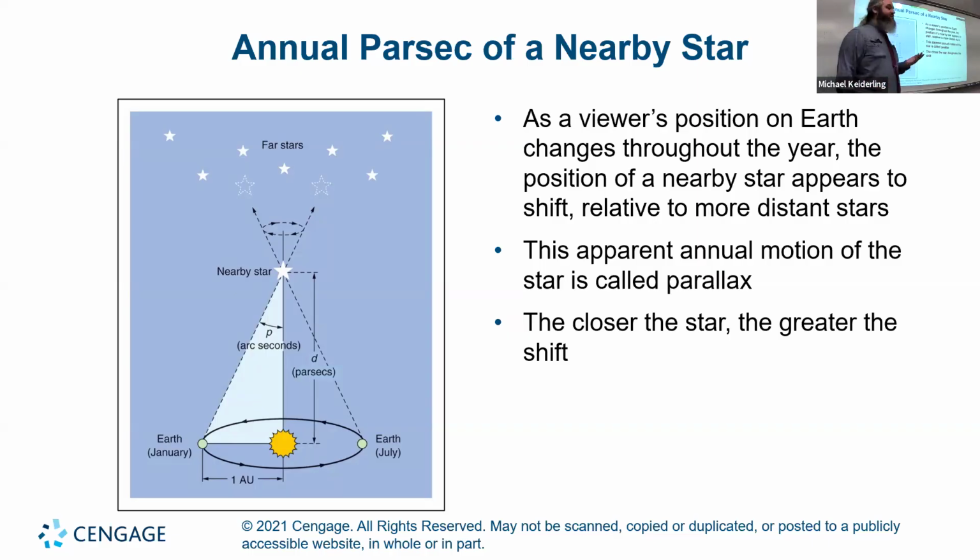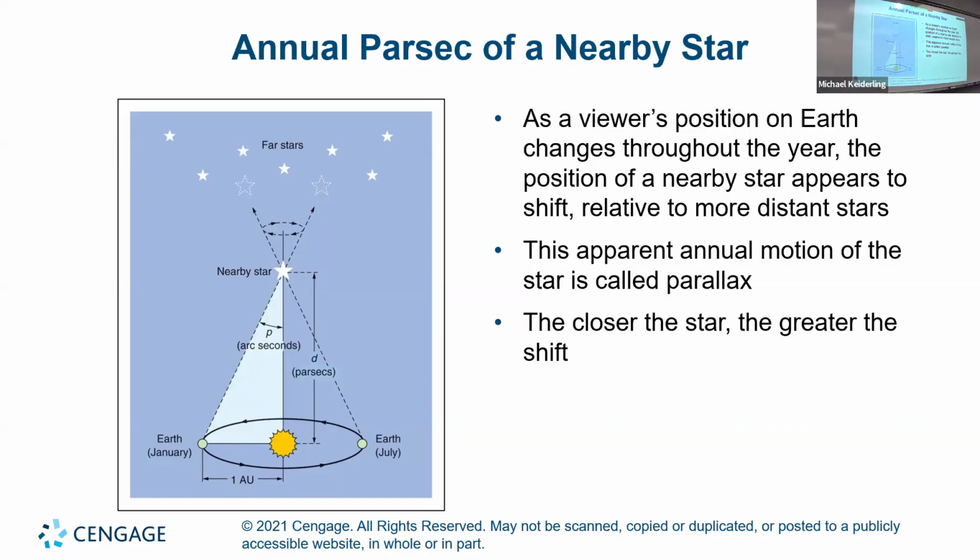This apparent annual motion of a star is called parallax. The fact that parallax was not observed was one of the arguments against heliocentrism. The issue was actually that parallax is so small it couldn't be observed. People didn't realize quite how far away stars were. And the closer the star, the bigger the shift from parallax.